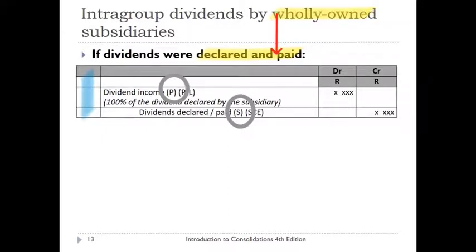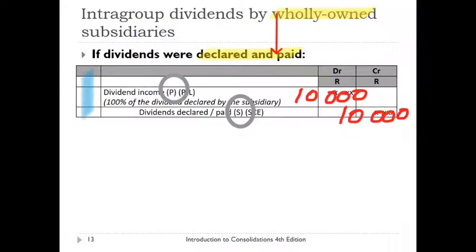That's why the consolidation journal entry has one leg adjusting an amount from the parent and another leg adjusting an amount from the subsidiary. If the subsidiary declared a dividend of 10,000 Rand, because it's a wholly owned subsidiary, the full 10,000 Rand will eliminate against the dividend income or other income line item in the consolidated statement of profit or loss, and dividends declared will be credited in the statement of changes in equity.